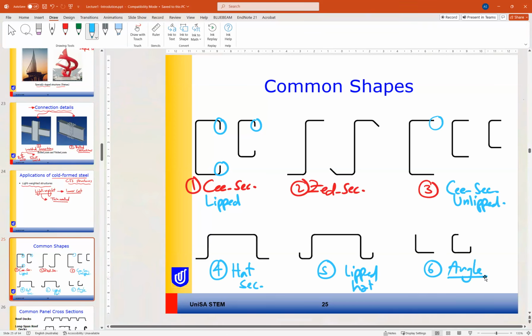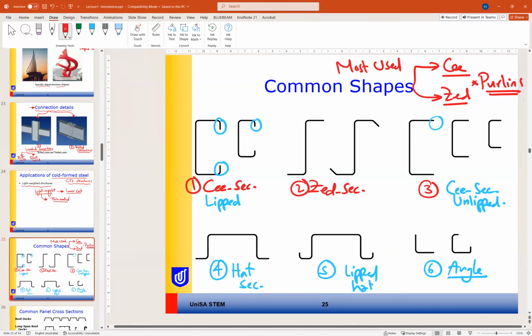So all these are common shapes of cold formed steel, but the most used ones are C and Z sections. And the most common use is in purlins. In purlins, usually they use cold formed steel purlins because it is lightweight and it will give you lower cost for the purlins.